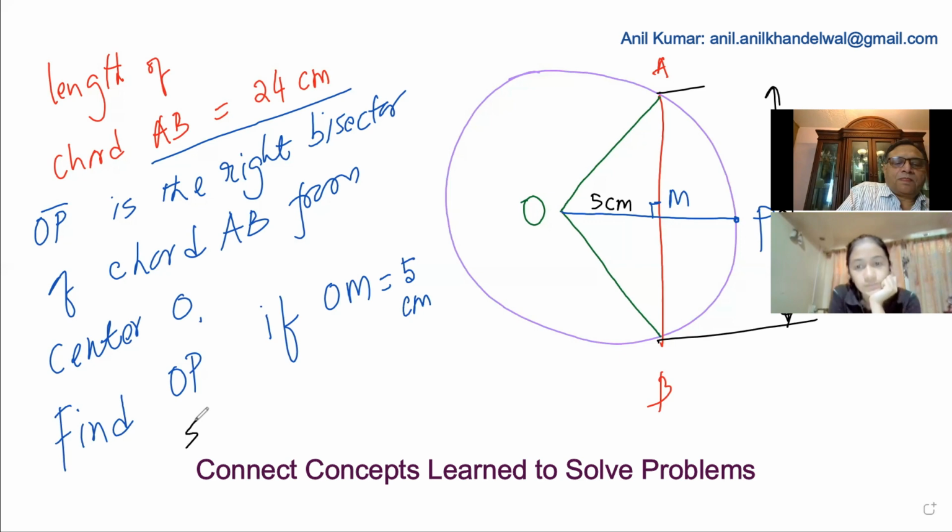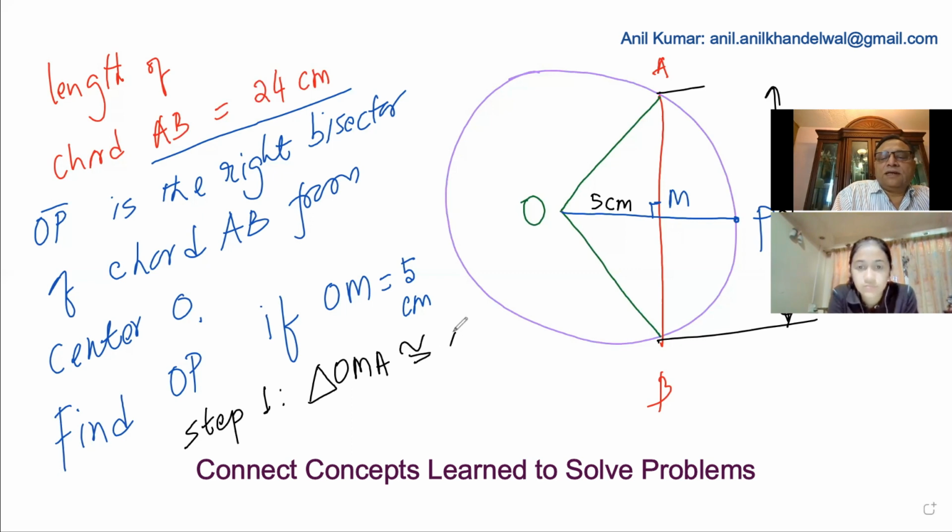Step 1. Use your concepts of congruent triangles and then start doing. So we use the hypotenuse-side test. You will prove that triangle OMA is congruent to triangle OMB, right?